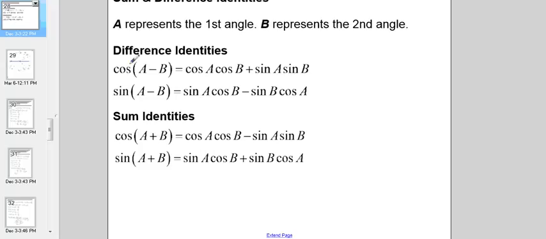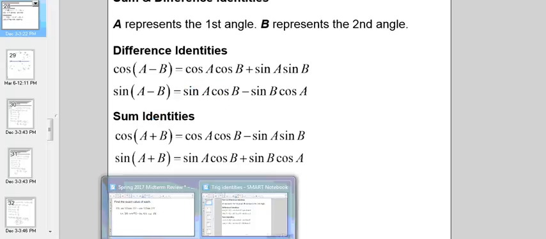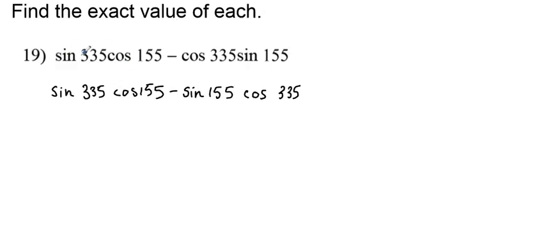Now, if you notice, for cosine, whenever you have a cosine identity, so that'll be the cosine of A minus B or the cosine of A plus B, you start off with two cosines. But when you have a sine identity, you start off with a sine and then a cosine. If we go back to our problem, we have a sine and then a cosine, so we know that this has to be a sine identity.